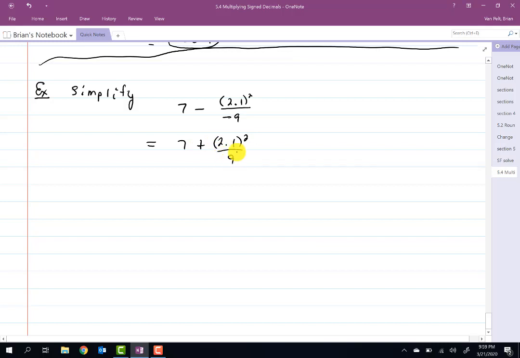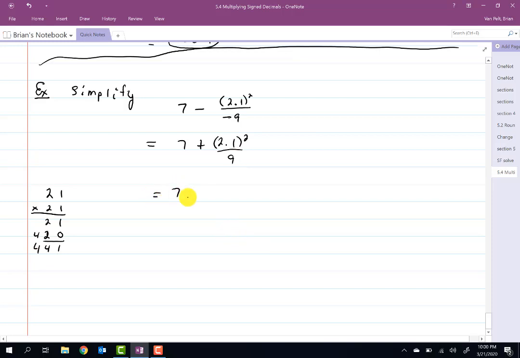Now for the 2.1 squared, I'm going to do 21 times 21. And let's see if I have this right. 2 times 1, that's a 2. So I have 441. Now remember, inside of this is not 1, but 2 decimals.